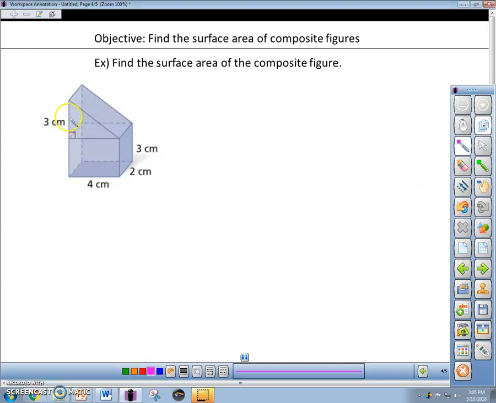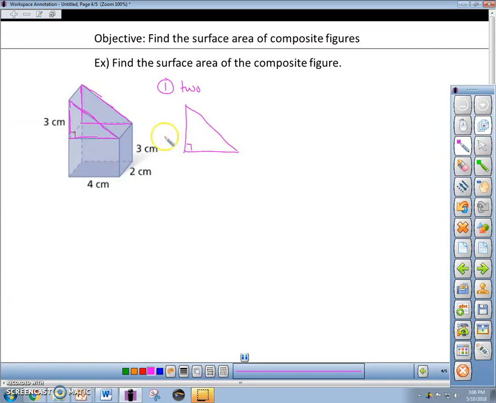So let's start with our triangles. We have to understand we have two right triangles in this. This one in the front and its companion, which would have the same area in the back. So let's do that first. I'm just going to draw the triangle out here.